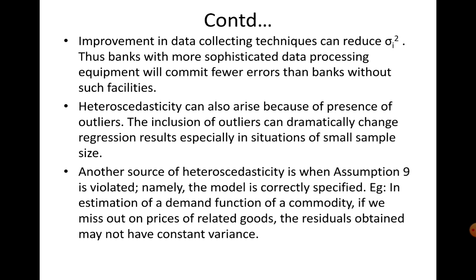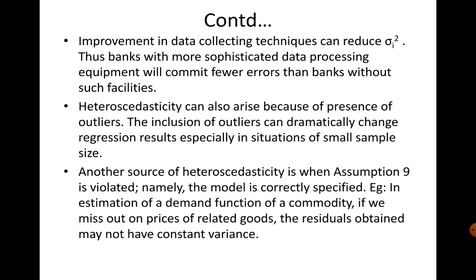Another important source of heteroscedasticity is when the ninth assumption of the CNLRM, that is the classical normal linear regression model, is violated. Namely, by assumption 9, I mean the assumption that the model is correctly specified. If this assumption is violated, you can expect there to be heteroscedasticity. Again, in the Gujarati book, the example they give is when you are estimating the demand function of any particular commodity.